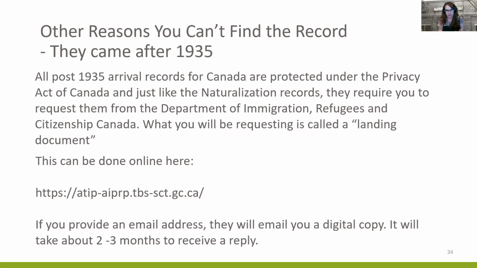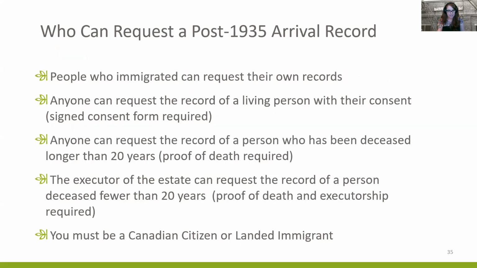So they require an ATIP request to get them. And what you're asking for is a landing document. So it's the long game, because they take about 2 to 3 months to get a response and to get that document. But it's not impossible. It's just a little bit of a wait.